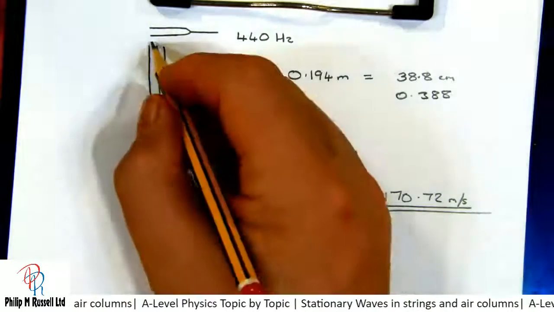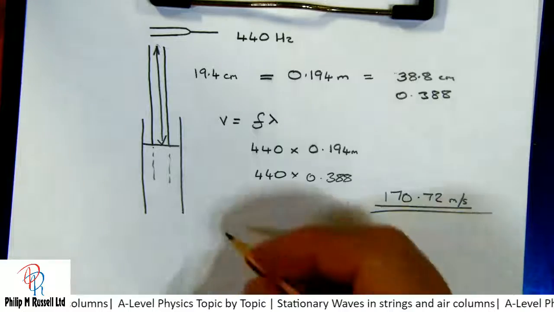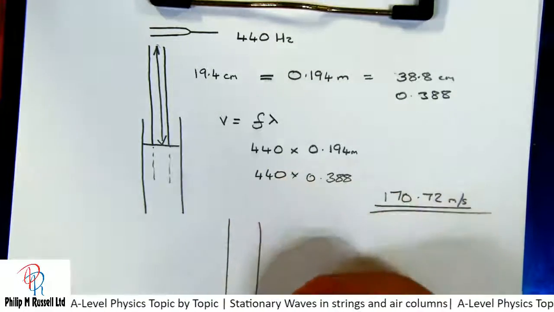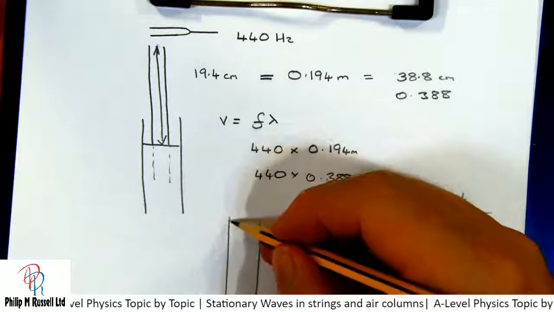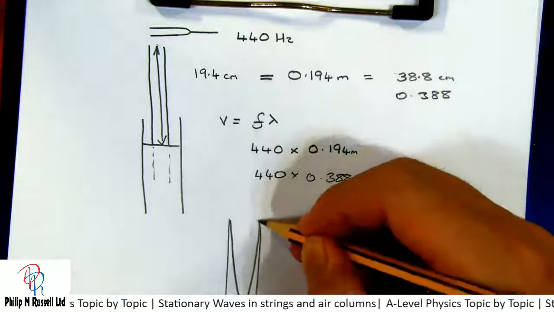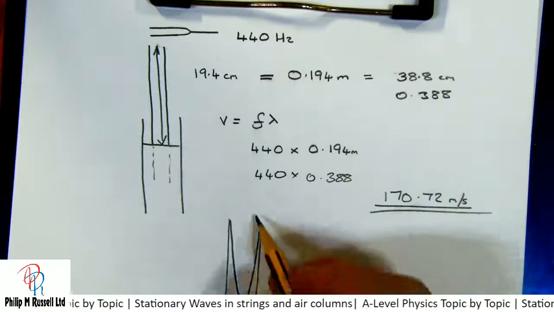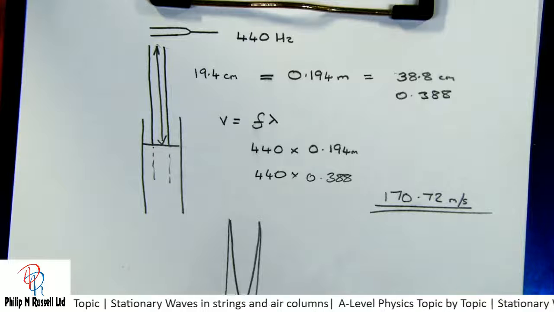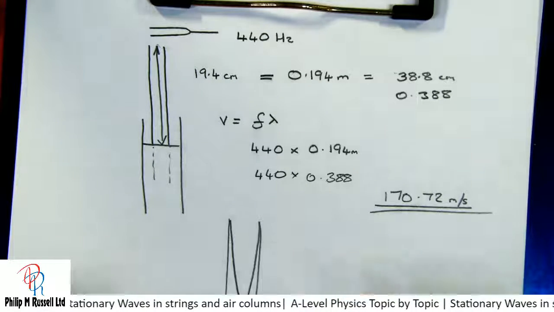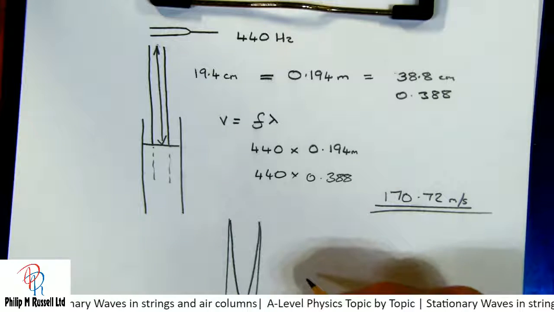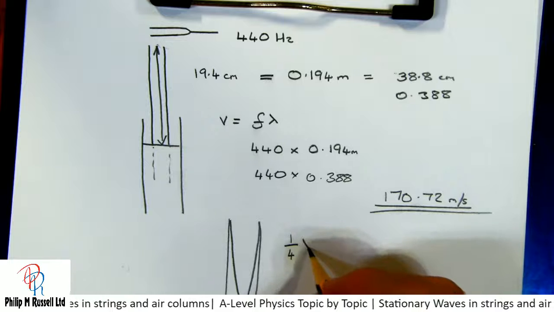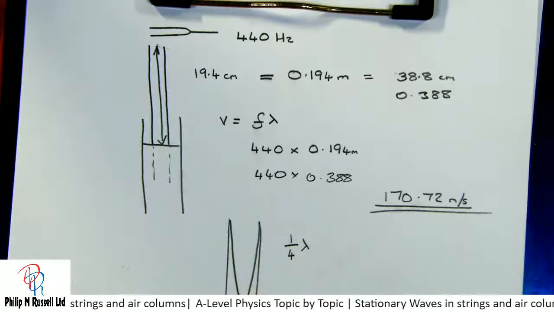Now if I look at this particular wave, we've got this going down here and it's coming up. Well, I got that right, but this suddenly tells me that this wasn't the full wave. In fact, this is only a quarter of the wavelength.